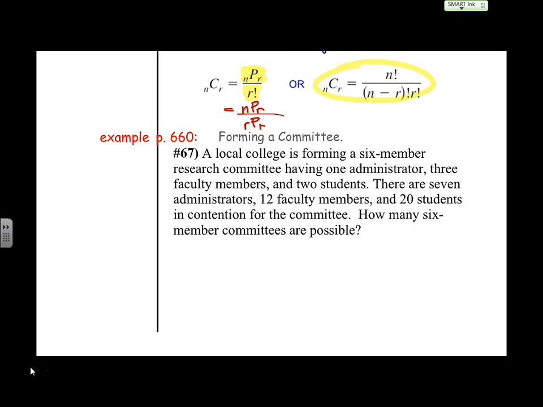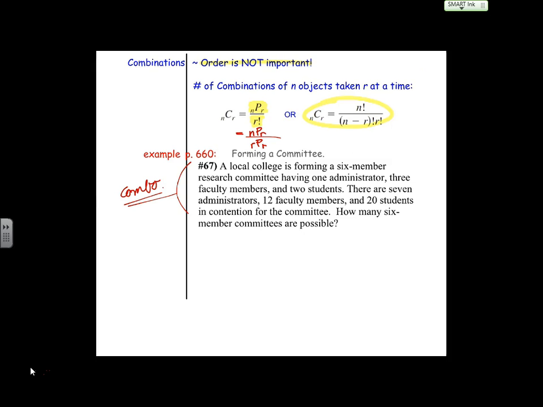At the end of the day, do we care what order they're chosen, or what order they're listed as, like, these are the winners, or what order they're sitting in the chairs in the room having a committee meeting? No. We care who's on it, right? So this is an example of order not being important, or an example of combination. So then going back to what we said the other day about combination pizzas and locker combinations, which one is mathematically accurate? A combination pizza.